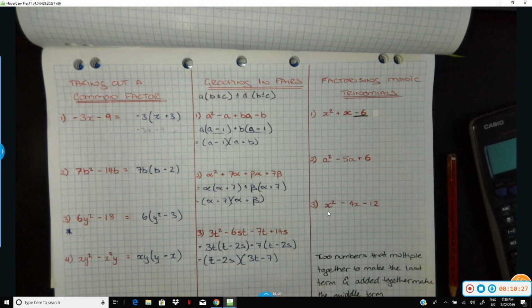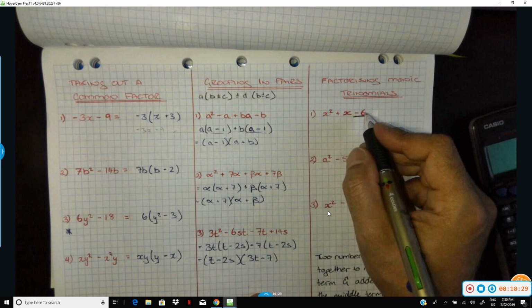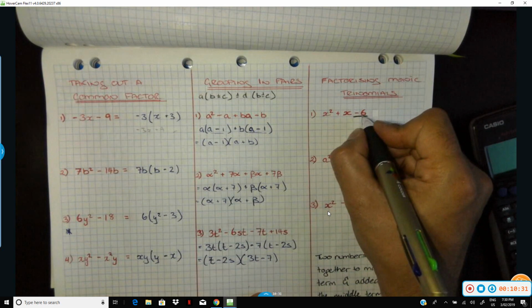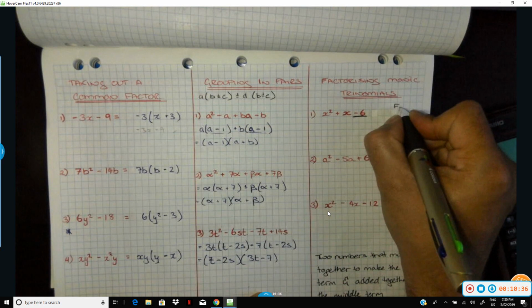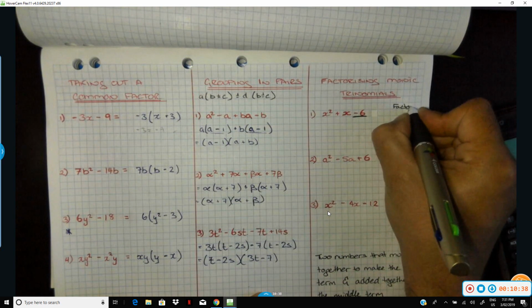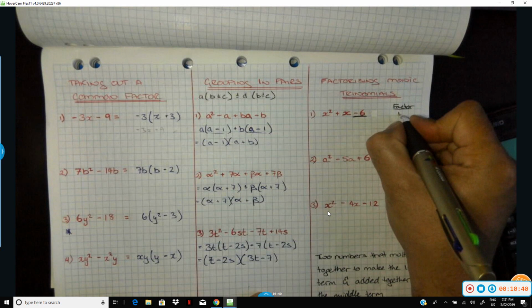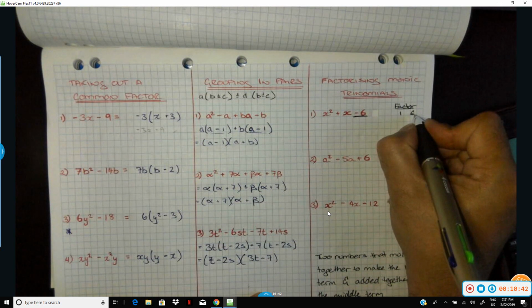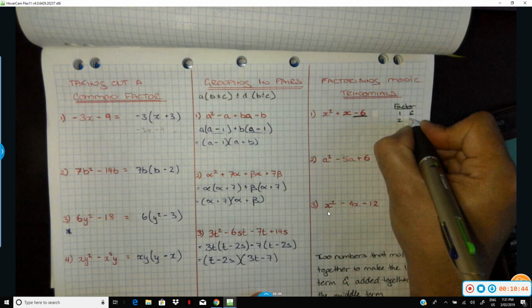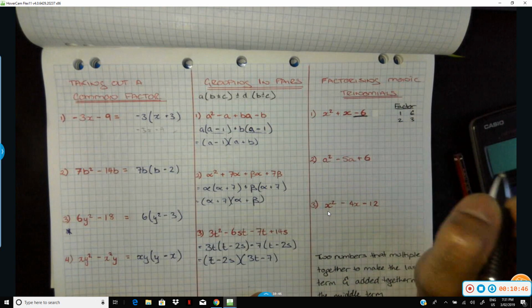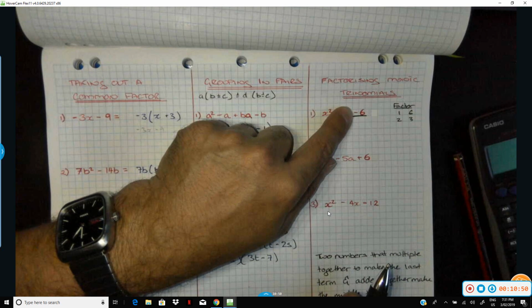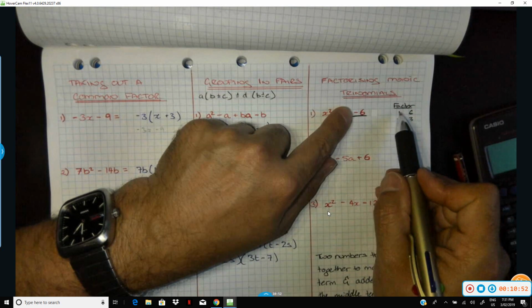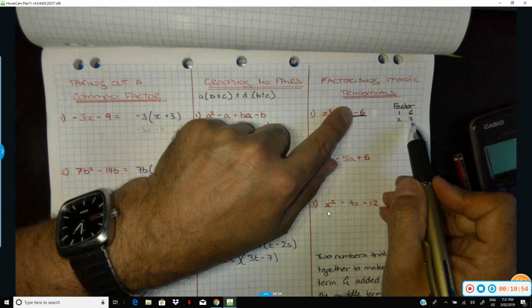Okay, so here I've got two numbers. So the factors that make -6. I'll just write them over here. The factors are obviously 1 and 6. So 1 times 6 makes 6. 2 and 3. 2 times 3 makes 6. Okay, and that's pretty much it. It's a -6, so out of these combinations, one of these digits has to be a negative.